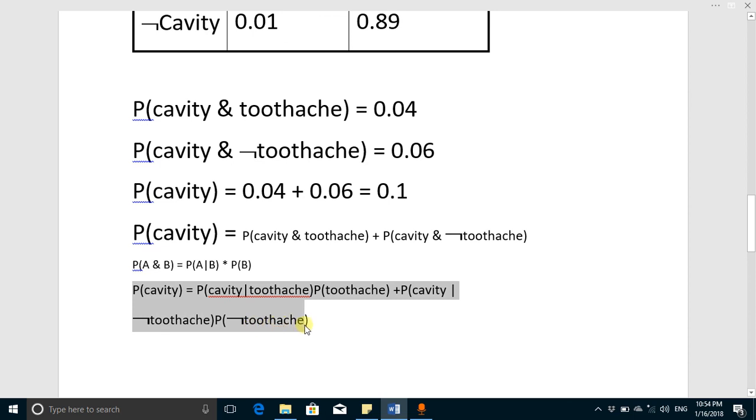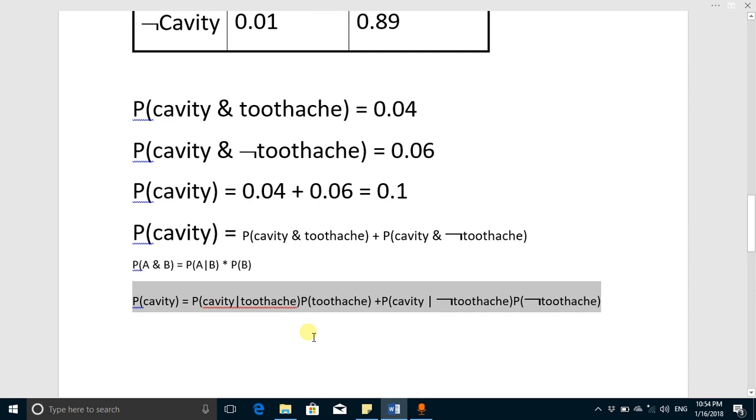So this is another important formula that we will use in next video lectures.